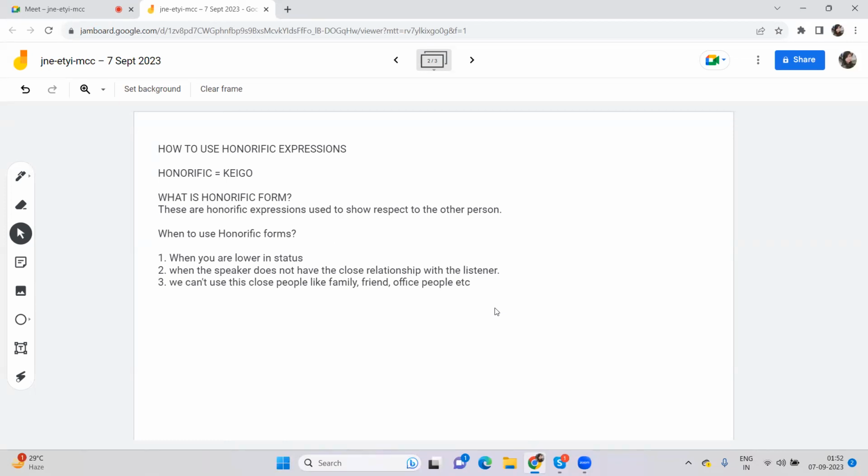Respectful forms are not used with the close ones, but with outsiders. Your insiders, like your family and colleagues, are treated as yourself. They are you. We can't treat them as outsiders. That is why we can't use these honorific expressions with family, friends, office people, etc.